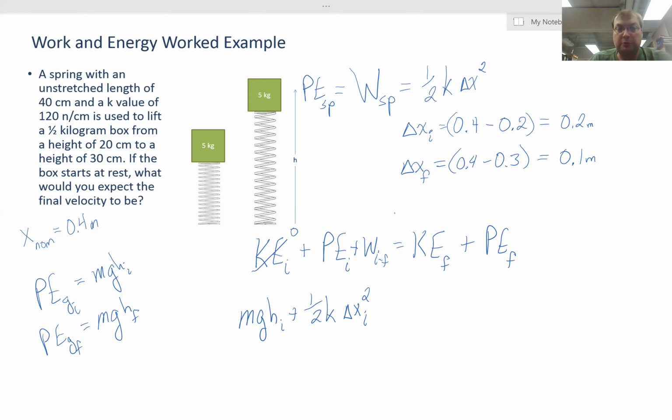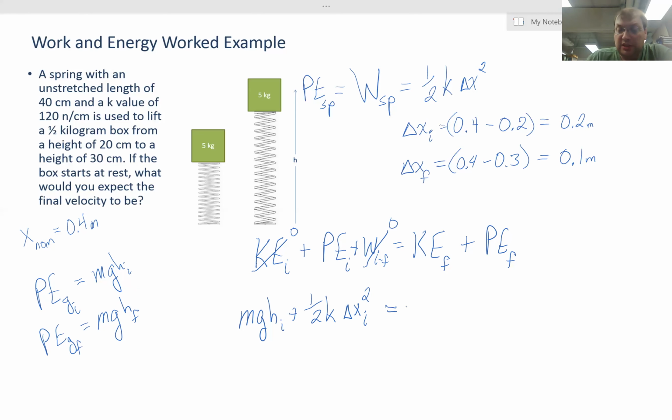The work to go from initial to final: because we're treating the change in elevation as potential energy due to gravity, and any energy change due to the extension of the spring as potential energy, we can safely say that there are no external forces acting outside of gravity and the spring. So there is no work to go from the initial to final states.